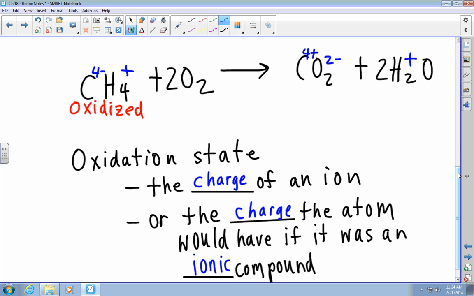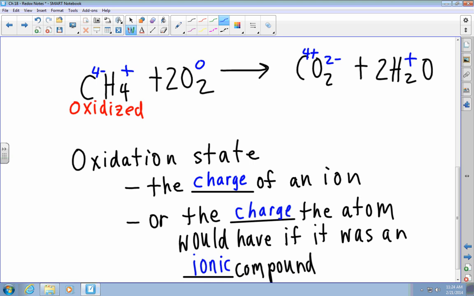So if the oxygen is being reduced, what's the charge on the oxygen on the left side? It's oxygen in its natural state, 0. So the oxygen we're breathing in the air right now is not charged. It's a neutral compound. So its charge is 0.